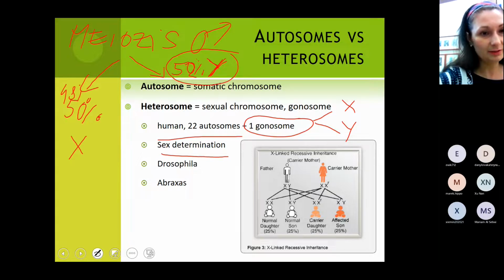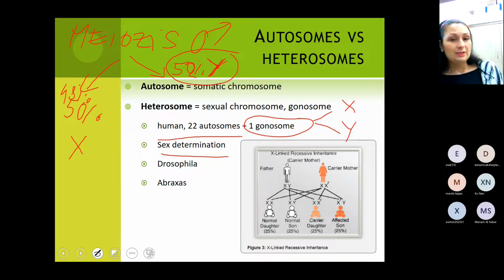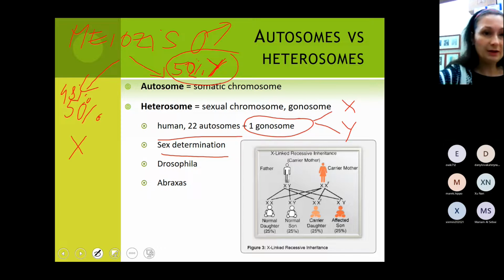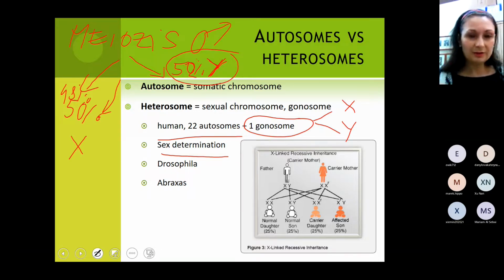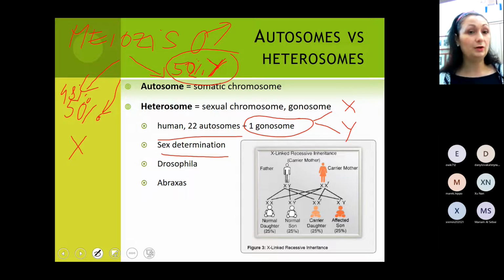But it doesn't matter, this is just the difference. It's quite interesting that older men are producing more X sperms than Y sperms. This is also very interesting, and also men living in very bad, very toxic environment are also producing more X sperms.